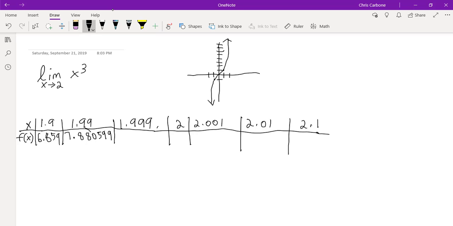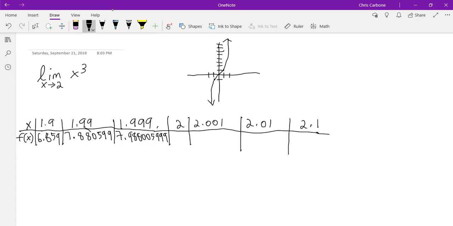If we put 1.999 in, we get this incredibly long decimal, 7.988005999.